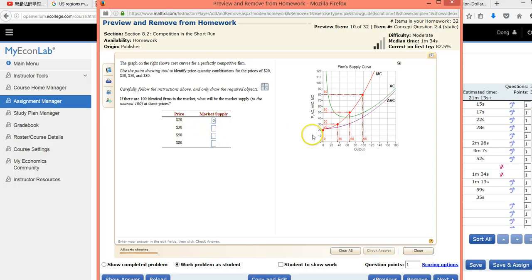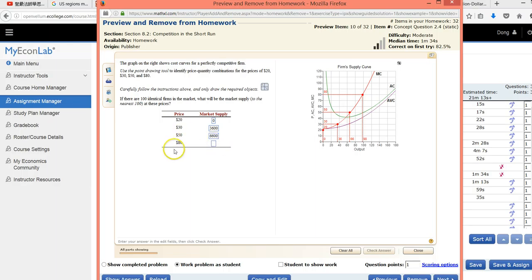And when price equals $30, the individual supply is 36, hence the market supply is 36 multiplied by 100, which is 3600. And when price equals 50, the individual supply is 66, and hence the market supply is 66 multiplied by 100, which is 6600.